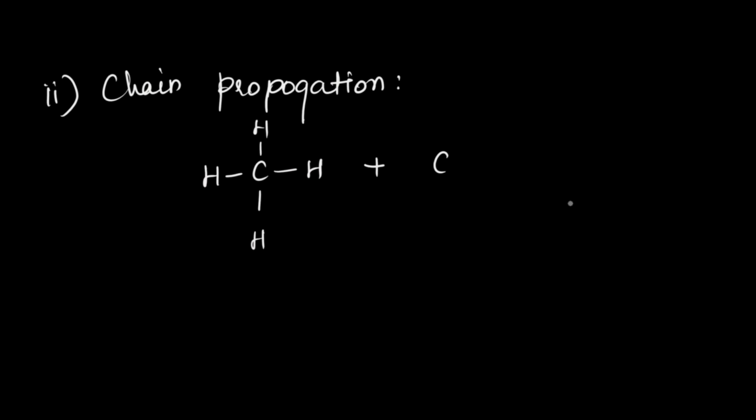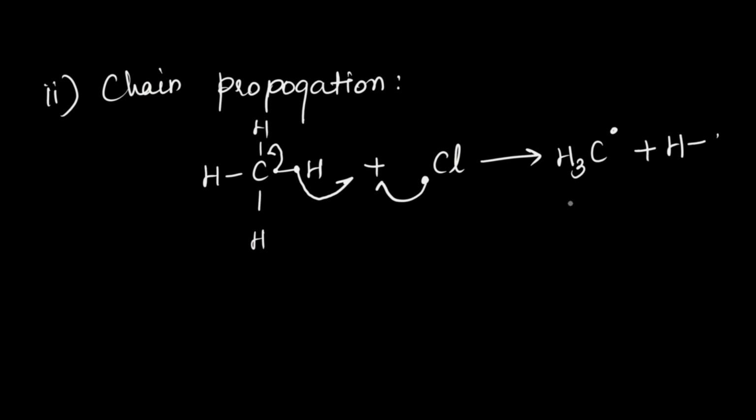I told you free radicals are highly reactive. So one of those chlorine radicals reacts with methane. How? It leaves like this to form a bond. So CH3 radical and HCl are formed.